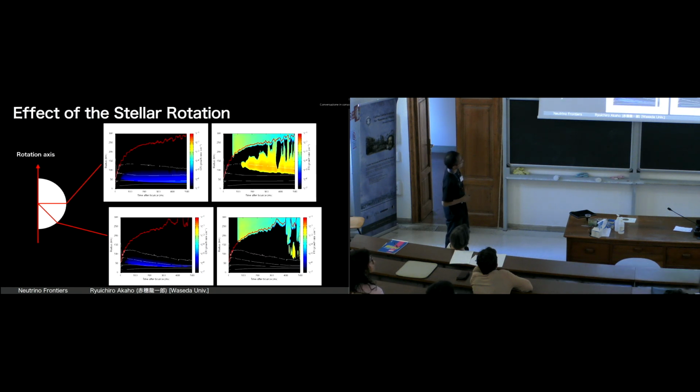So this shows the time and radius map, the left is for collisional flavor instability and the right for the fast flavor instability. So basically, in the equatorial plane, the CFI and FFI are likely to be extended to larger radii, and also the fast flavor instability is occurring behind the shock wave for the equatorial plane, whereas for the different angle it seems almost absent.